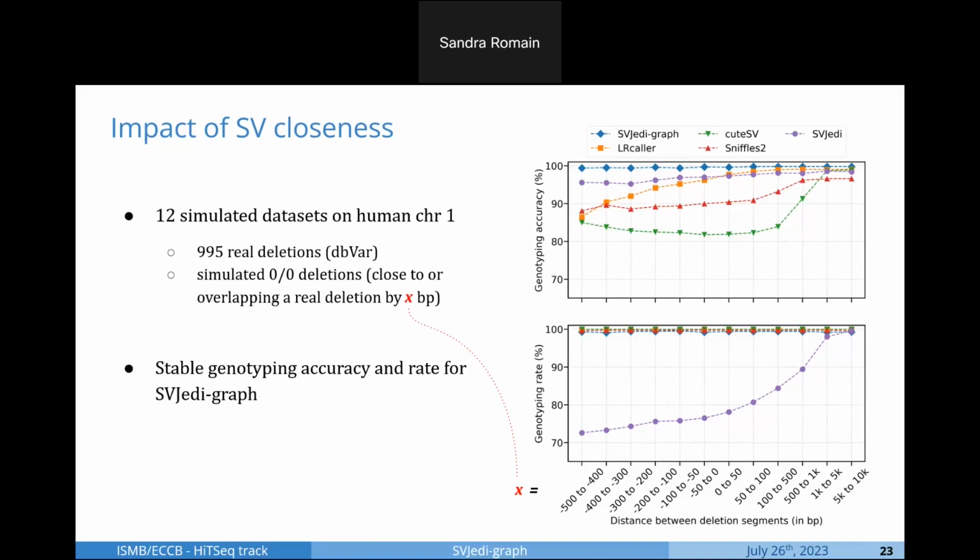Here we show that SVJedi-graph keeps a stable accuracy on all of the simulated datasets, as well as a stable genotyping rate.